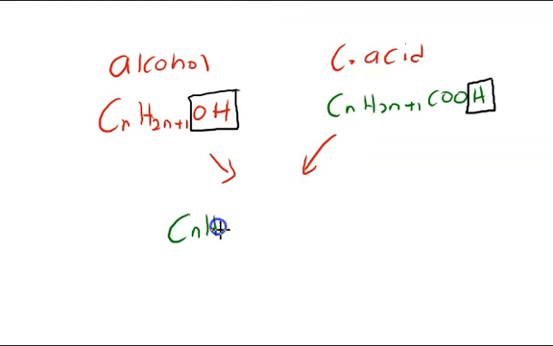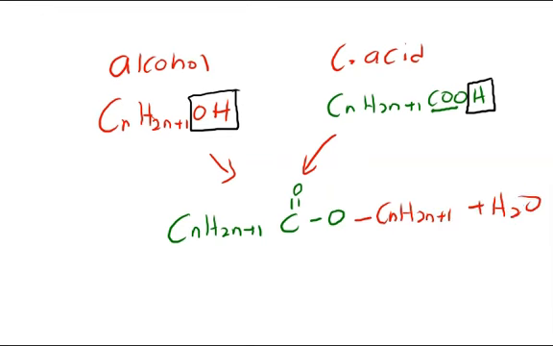So here you have plus 1, C double bond O. I'm writing this, and it will combine with the alcohol after that, and you will have water. The water comes from the hydroxide ion from the alcohol and the hydrogen ion from the carboxylic acid.